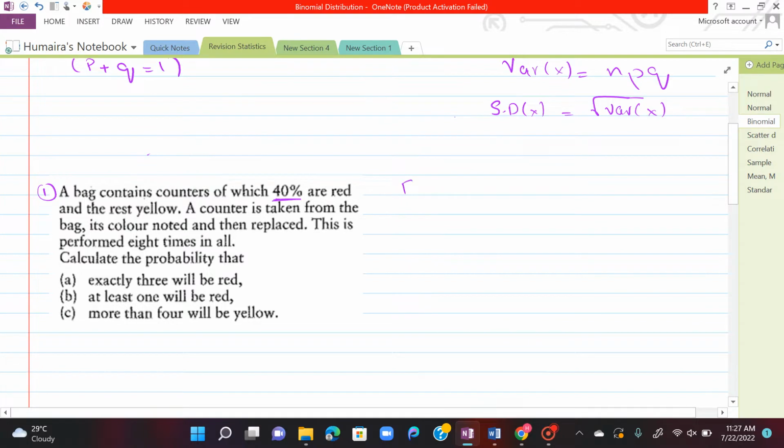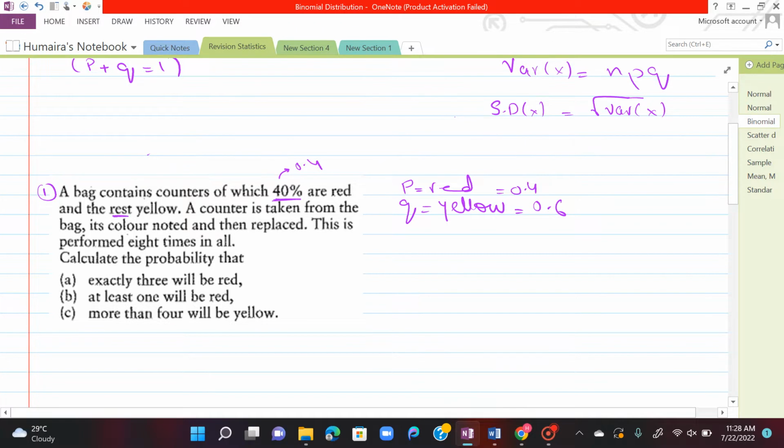If I take P, the probability of success, as red counters, then this is going to be 0.4, because 40% means 0.4. And obviously Q, in this case yellow, is going to be 0.6, because the sum should be equal to 1, right? Because it's written over here that the rest are yellow.